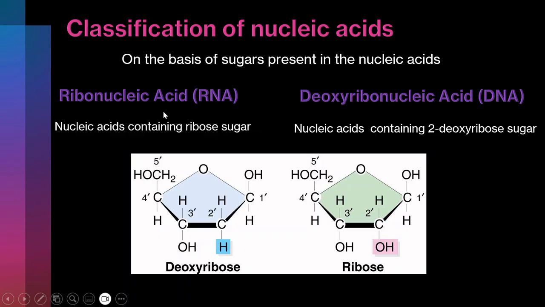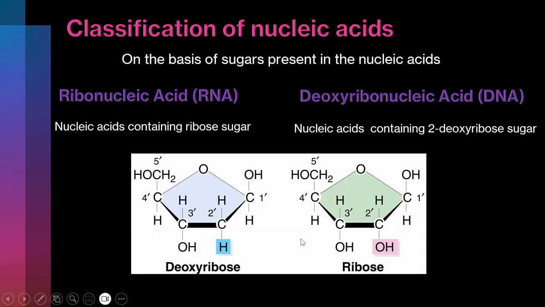As the name indicates, RNA contains ribose sugar, and the sugar in deoxyribonucleic acid is 2-deoxyribose. This is the structure of ribose and this is the structure of deoxyribose, 2-deoxyribose.